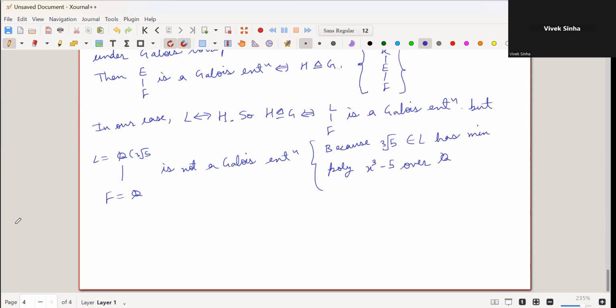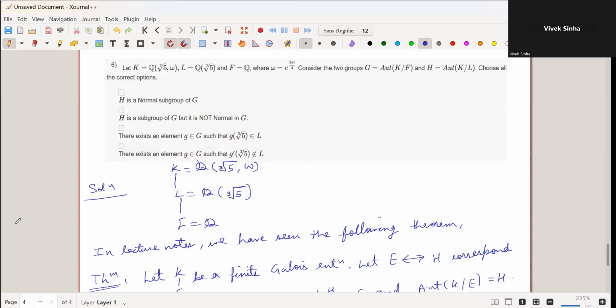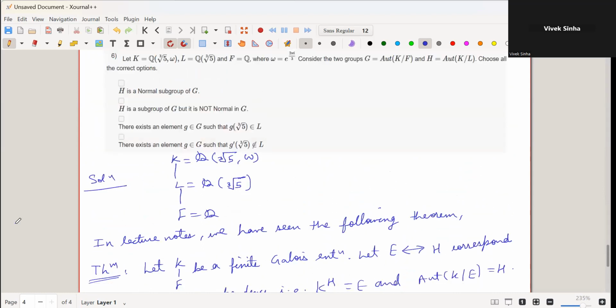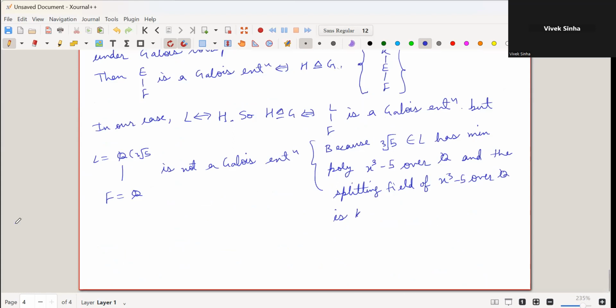So this is the minimal one. So over Q, the splitting field of x cube minus 5 over Q is K. That is Q containing cube root of 5 and omega is K, not L.